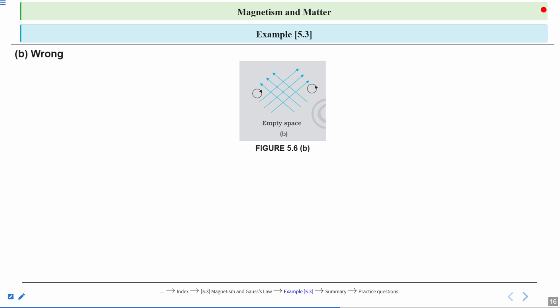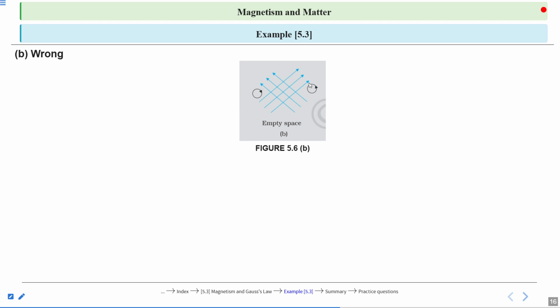You can see there are two things wrong. First, magnetic field lines do not cross each other, but these magnetic field lines are crossing each other. That means this is an incorrect pattern. Second, there is a closed loop of magnetic field lines.